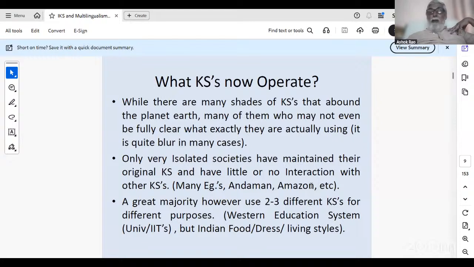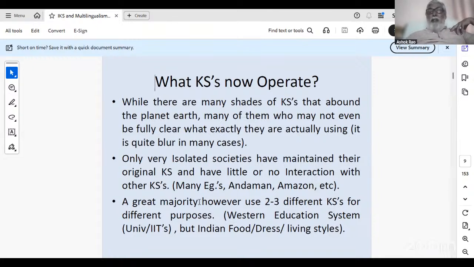Particularly if there are people in Tamil Nadu, they would know that there are two tribes. One is the Todas in Nilgiris, and the other is the Irulas, who eat rats, but they are very comfortable living with snakes. So they have their own knowledge system evolved over many centuries.